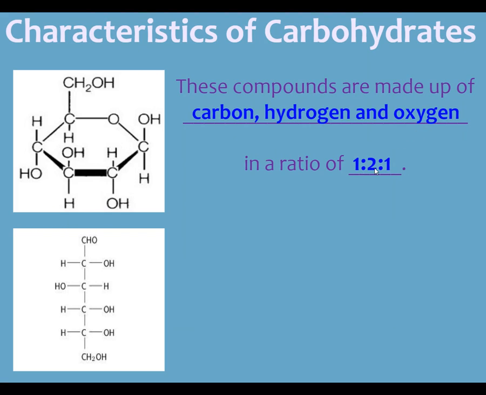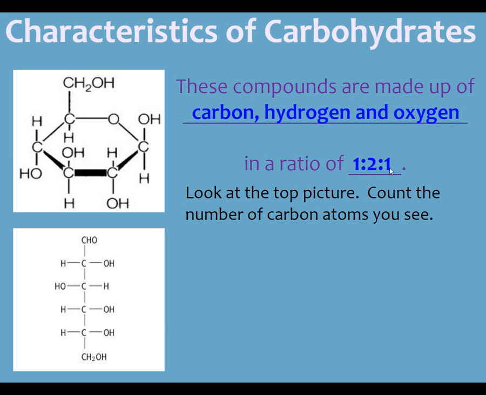So if you look at the top picture, count the number of carbon atoms you see. How many carbons do you see? I see 1, 2, 3, 4, 5, 6. I see 6 carbon atoms.